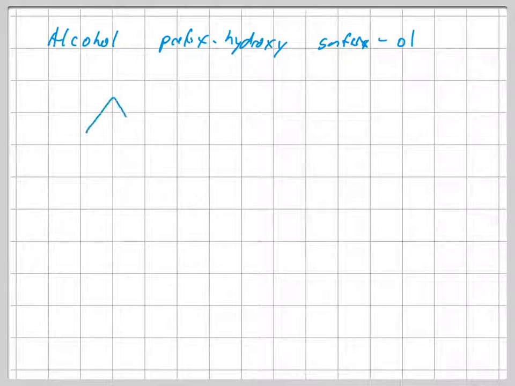So let's go 3, 4. Let's double bond this. Turn this into a carboxylic acid, because the carboxylic acid is higher in acidity. So it would take the priority there. And let's put our alcohol on there like that. I know that gets really complicated, but work with me here. So we count our carbons, and we would count from the carboxylic acid side. 1, 2, 3.